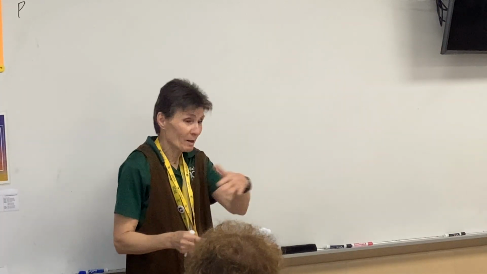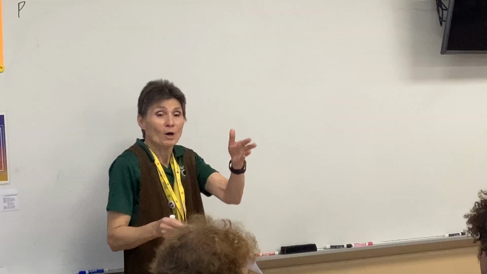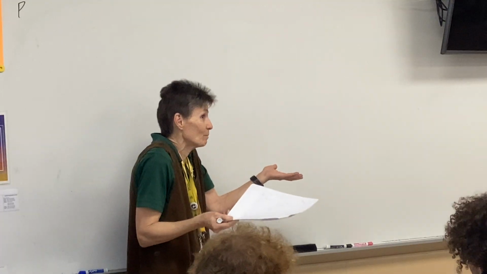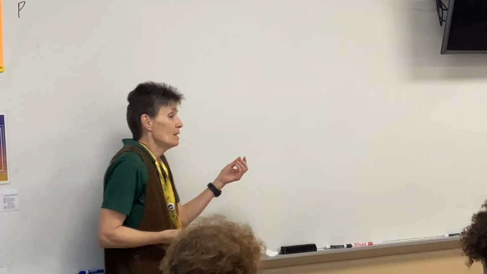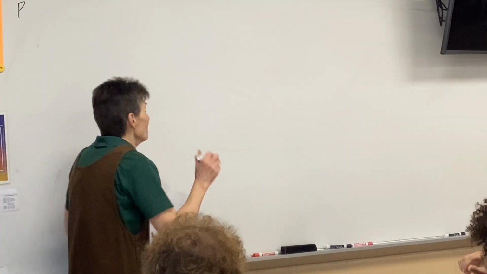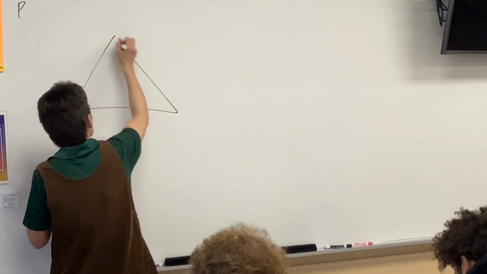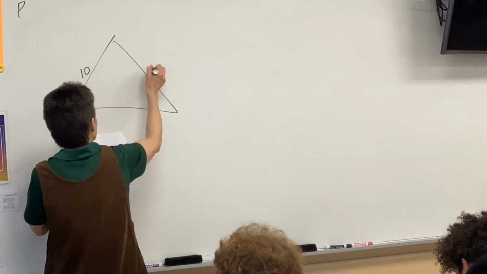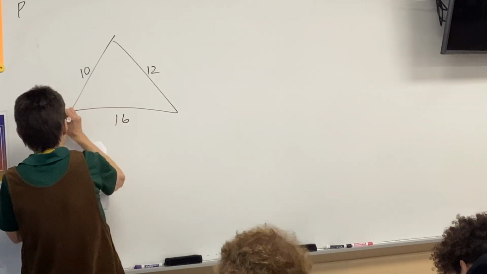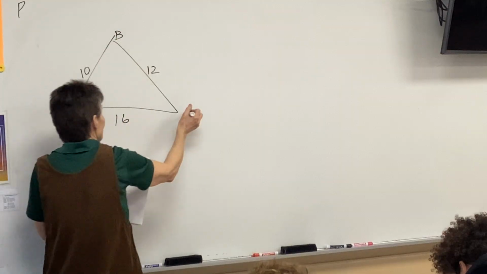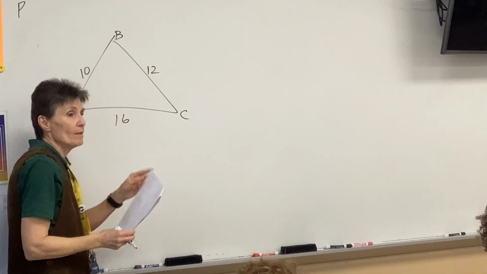One half base times height is what I was hoping you'd think of. You learn that in geometry. That formula will work all the time, it's true. The problem is, most of the time, when triangles are given to us, we do not know the height.